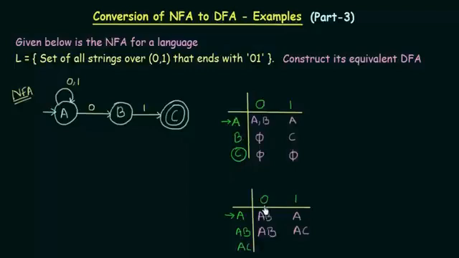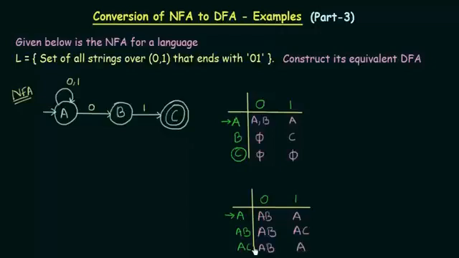On getting input 0, it will be the union of AB and φ, which will be AB. Then for input 1, the union of A and φ will be just A.